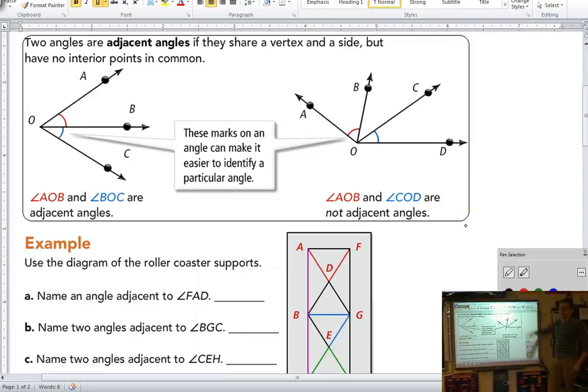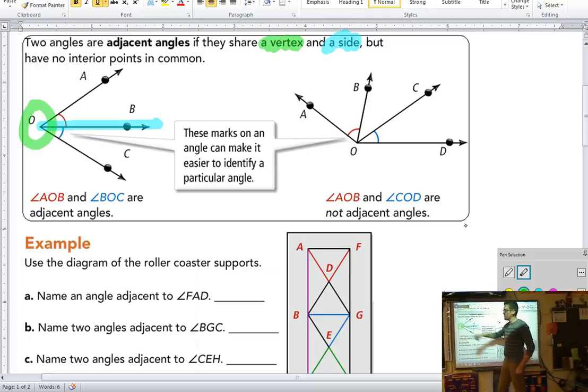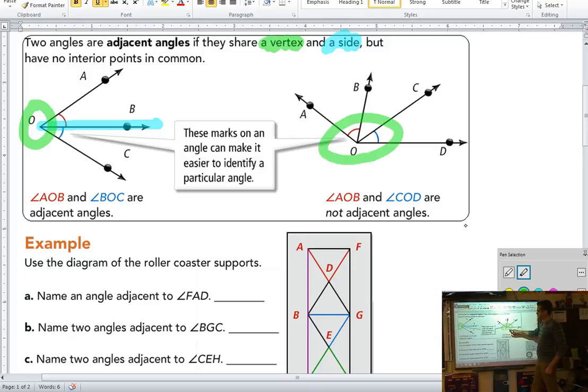So, again, our definition for adjacent. They must share a side. So I would like you to highlight, they must share a vertex, in a different color if possible, and a side. So we have our shared side right here, and we have our shared vertex right here. They both use vertex O. Here, we have a shared vertex. My blue angle and my red angle both share the vertex.